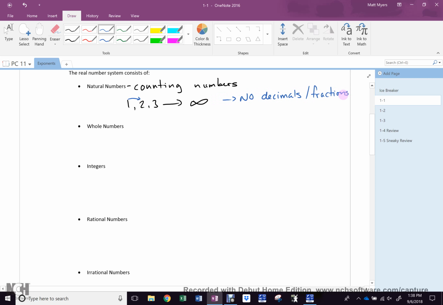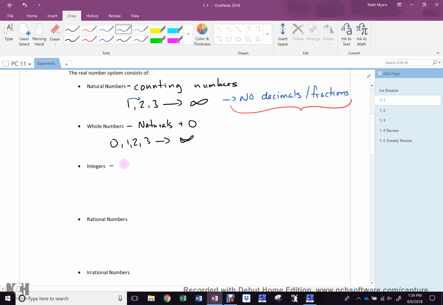All right. Whole numbers. These are the naturals plus 0. 0, 1, 2, 3, up to infinity. And the same rules apply. The third one, integers.